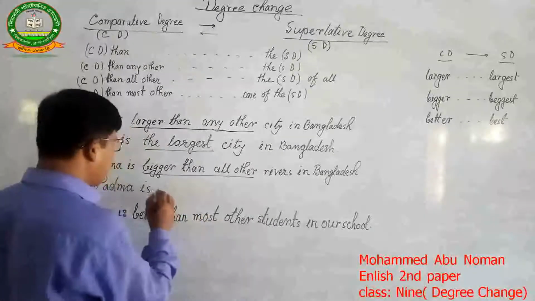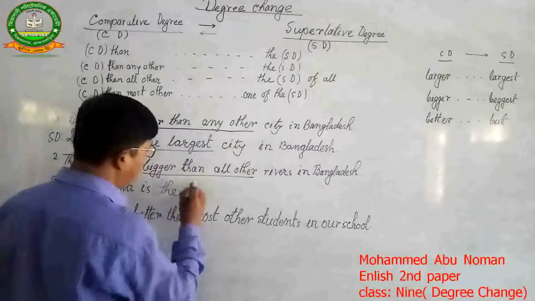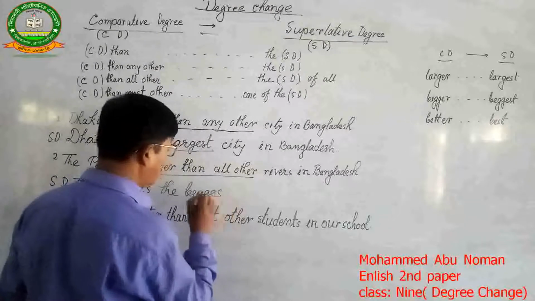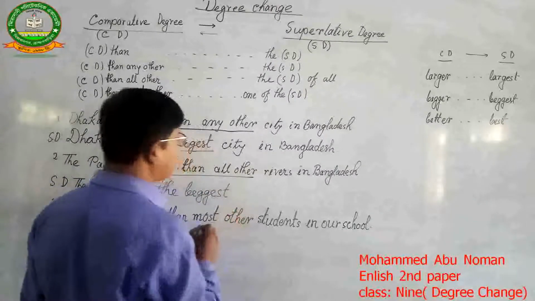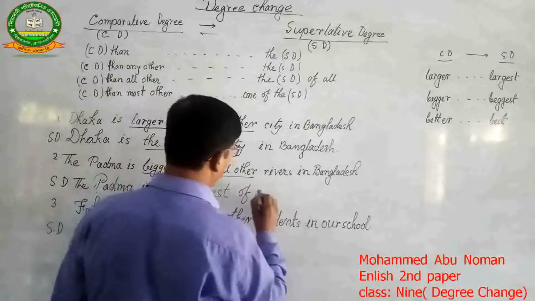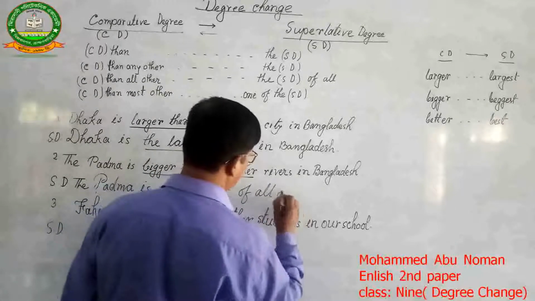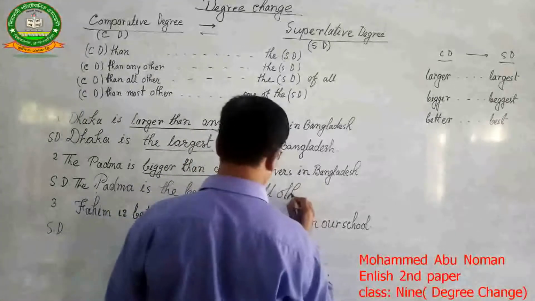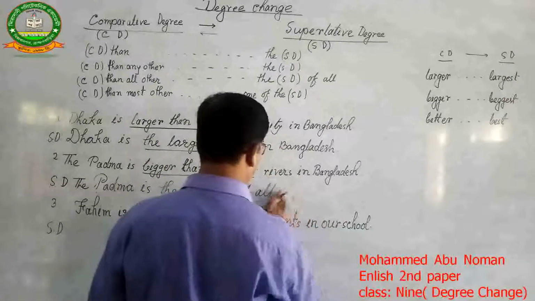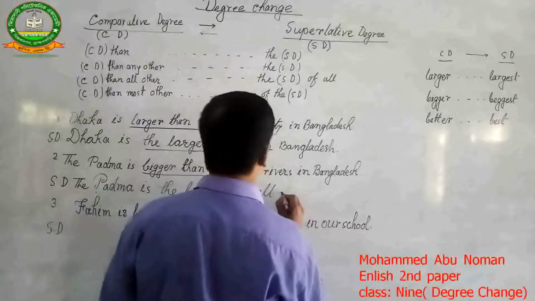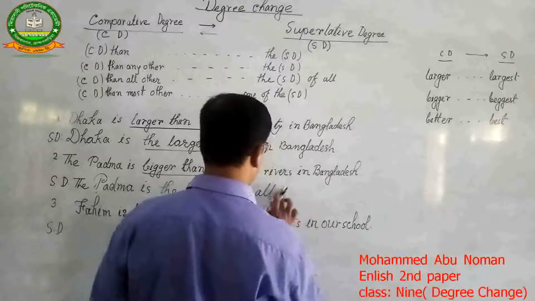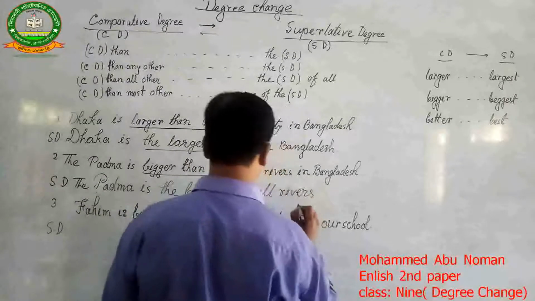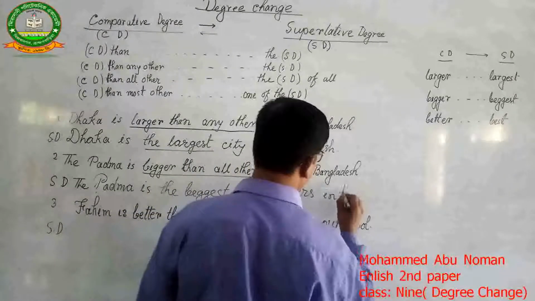"All other" becomes "the biggest of all", the biggest of all rivers in Bangladesh.